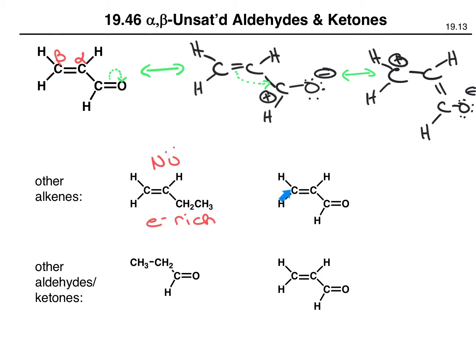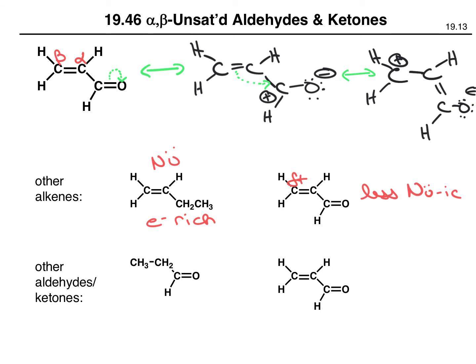But an alkene that is conjugated with a carbonyl, because of this resonance structure, means we have a partial plus on this carbon, which means that this alkene is not as electron-rich as this alkene. And so this compound will be less nucleophilic than typical alkenes.